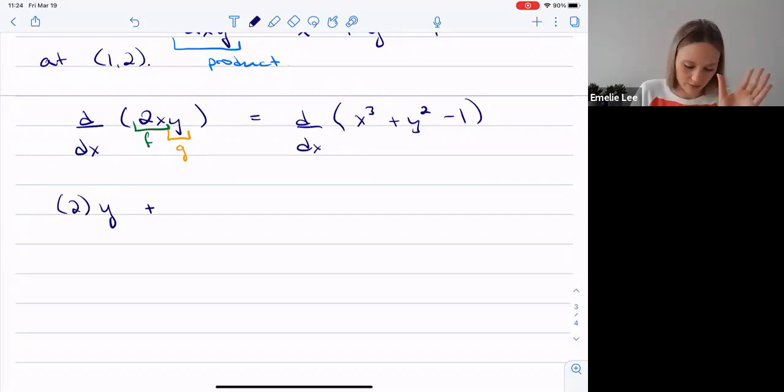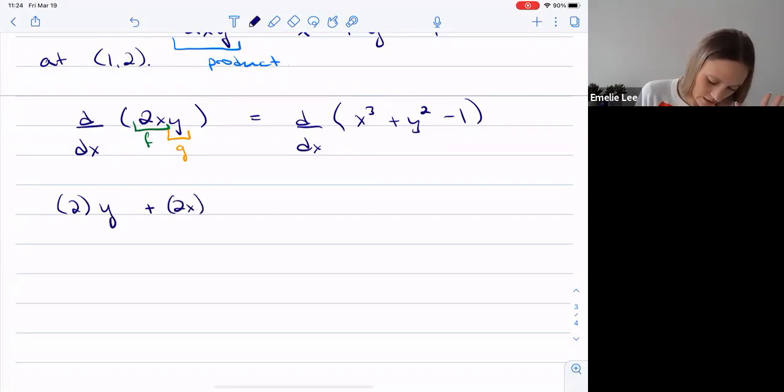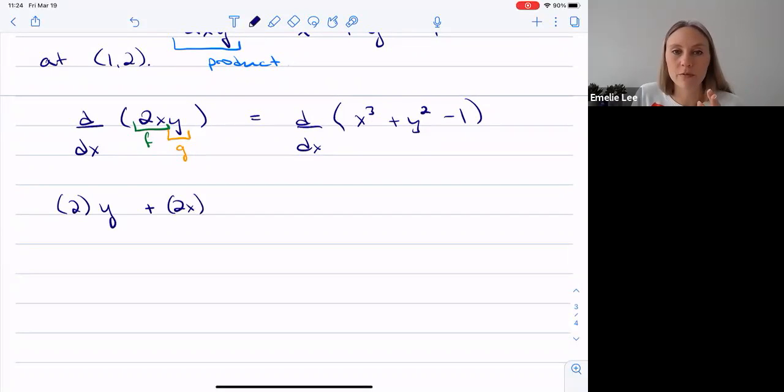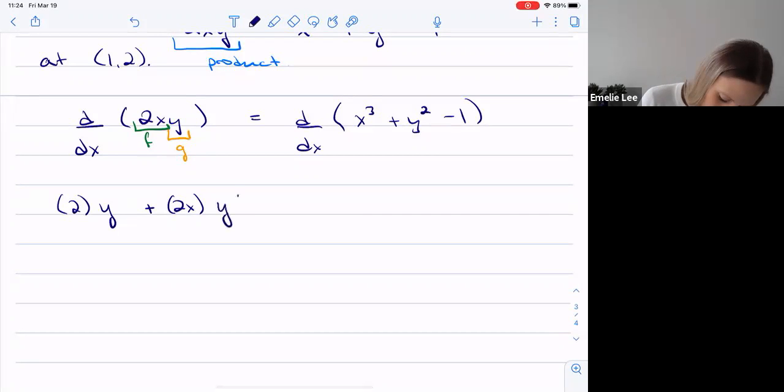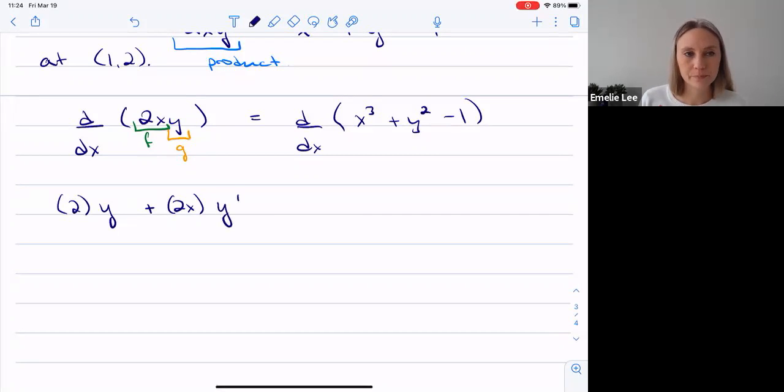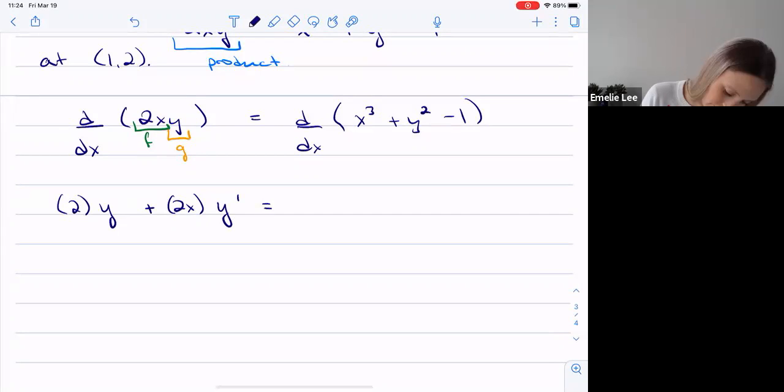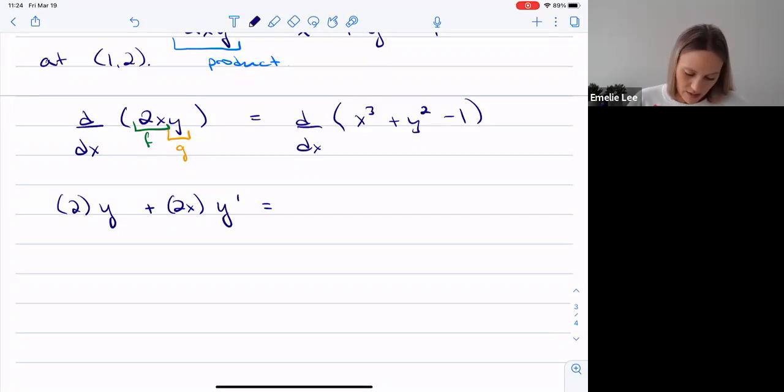And then I hold the 2x steady times the derivative of y. If I take the derivative of y, it becomes 1, and then I have to multiply by y prime, right? So usually we just write the y prime. Okay, managed the left-hand side.